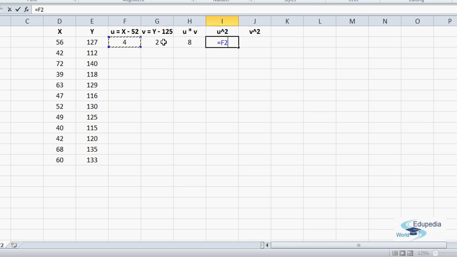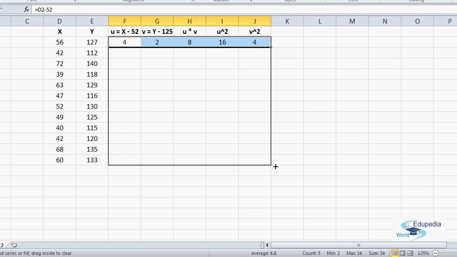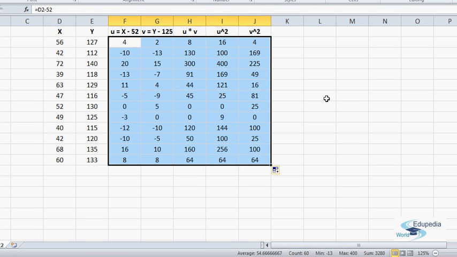U raised to power 2 is 4 raised to power 2, and finally v is 2 raised to power 2. Well, we have all the formula set right, so let's drag it down to the last cell of this table, and here we have all the required data.